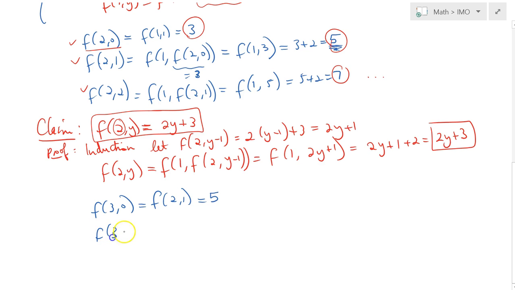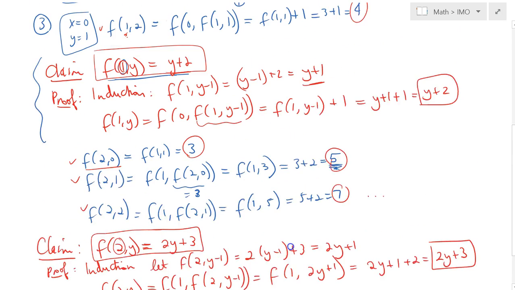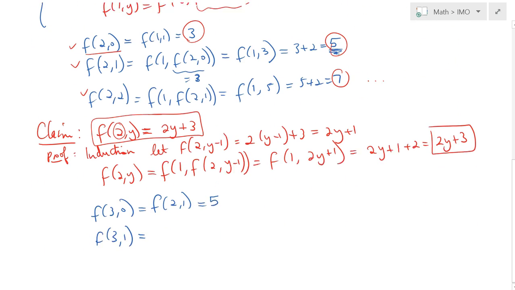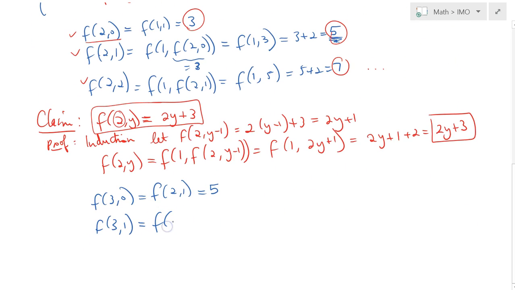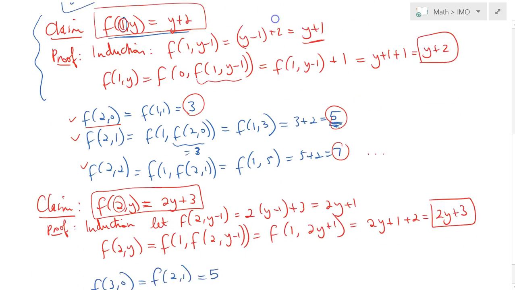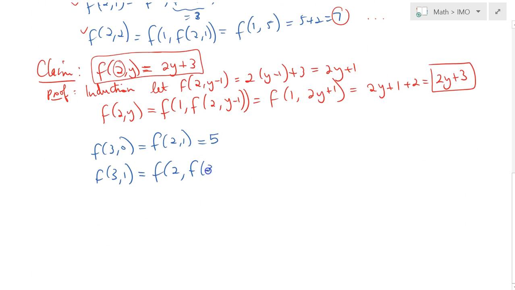Let's go to f of 3, 1. Let's use the third rule: substitute x with 2 and y with 0. So f of 3, 1 is f of 2, f of 3, 0.